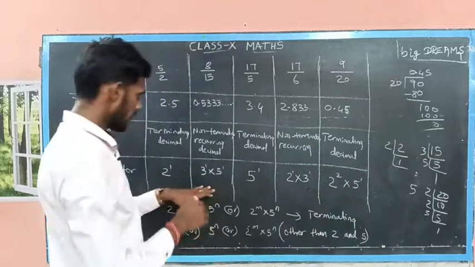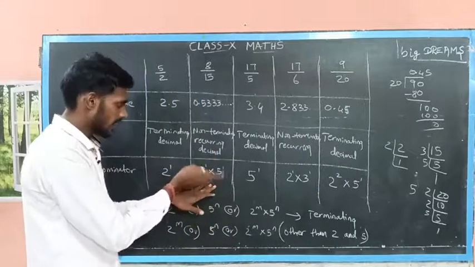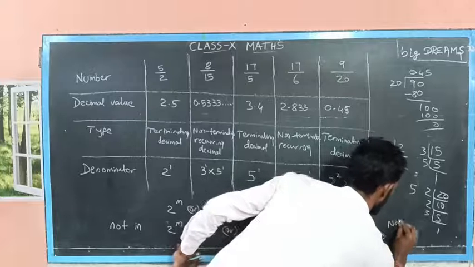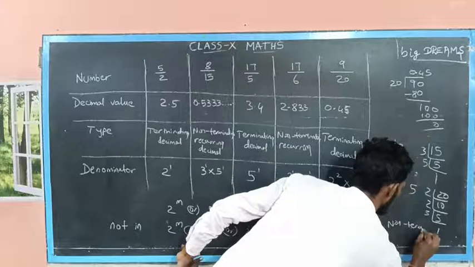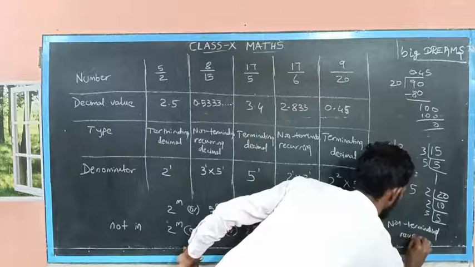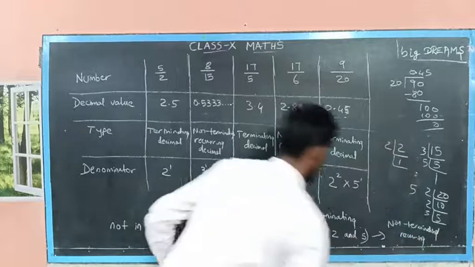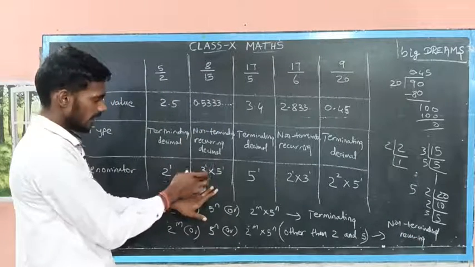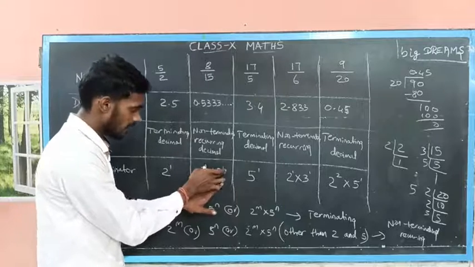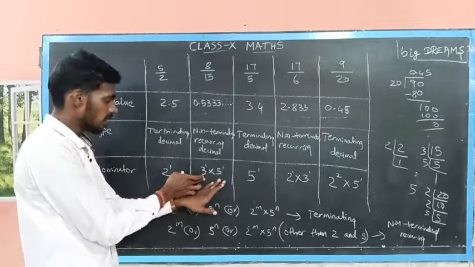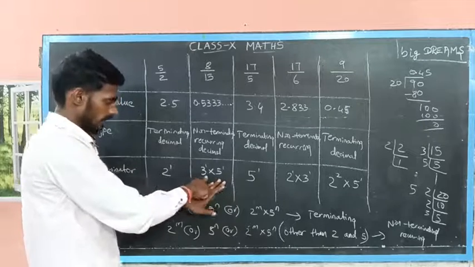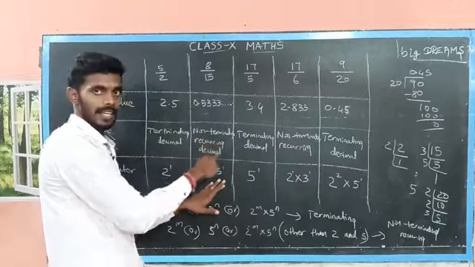If the denominator has factors other than 2 and 5, then definitely it will be a non-terminating recurring decimal value. See here, 5 is present, but 3 is also present. So factors other than 2 and 5 are present here. Then this is a non-terminating recurring decimal.